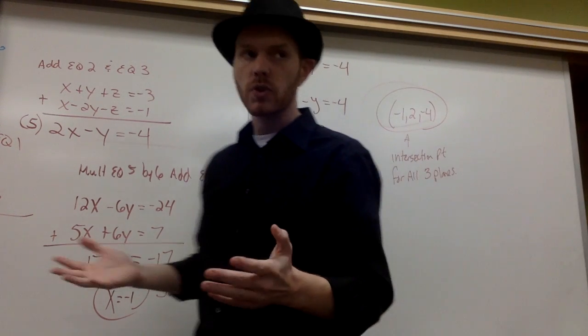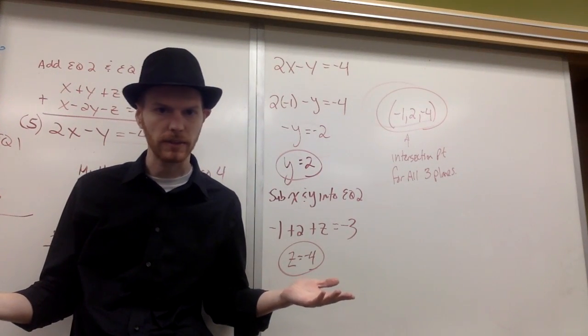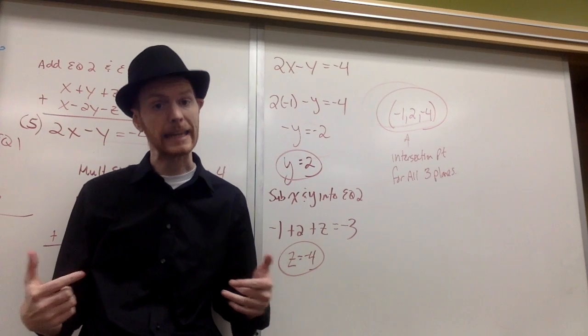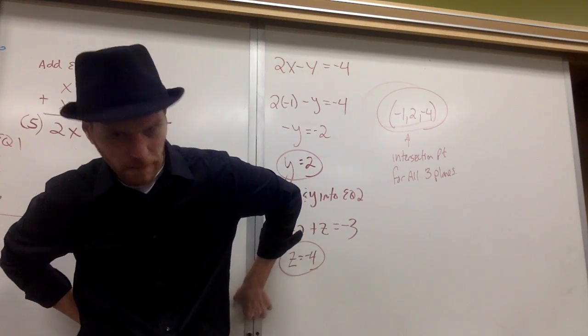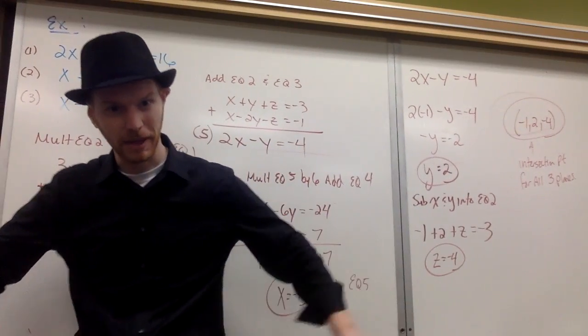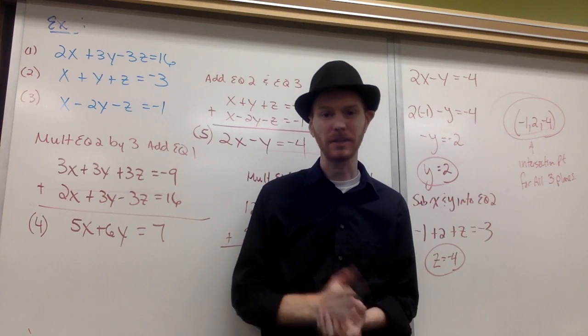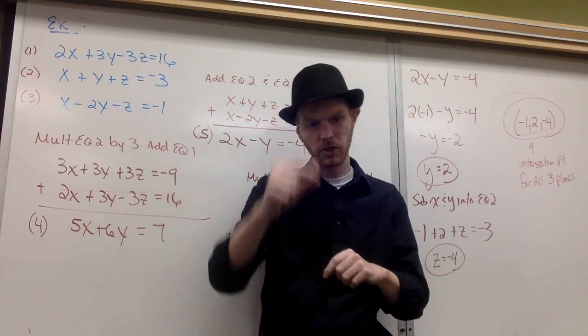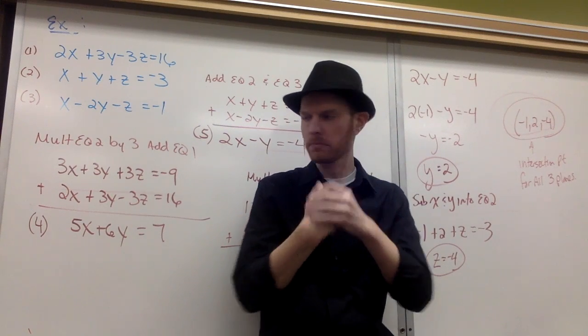And that's it. So these 2 examples show you what is a normal expectation for this problem. You're trying to find answers to the system, which is a point, right? X, Y, and Z. So it's a 3-dimensional graph. All 3 planes are going to intersect at one point.